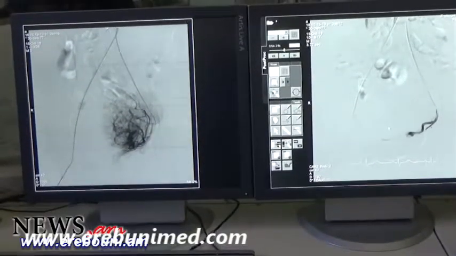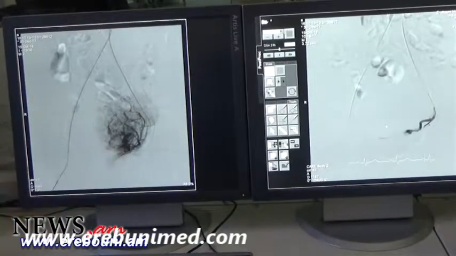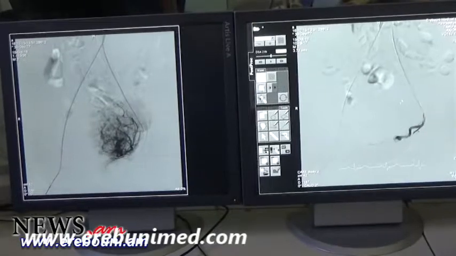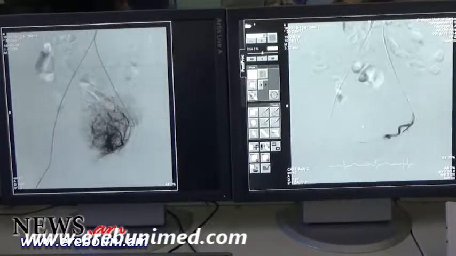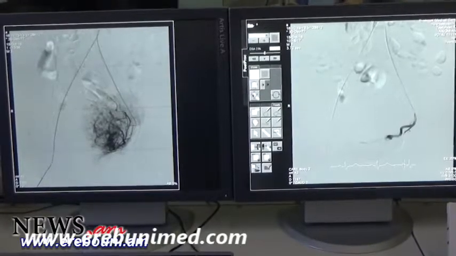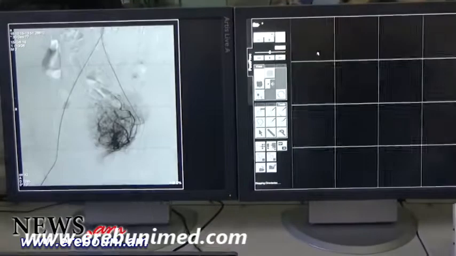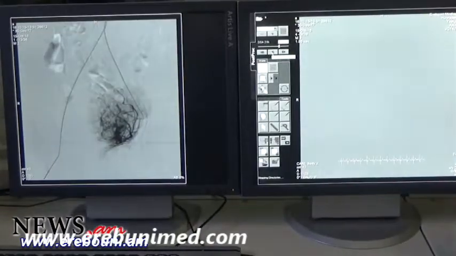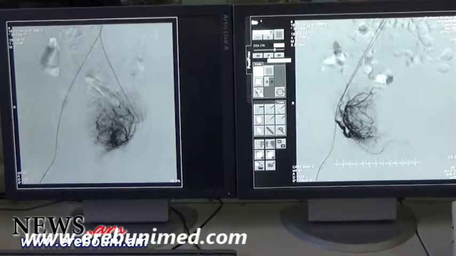In general, all branches of the uterine artery are very well developed. The myomatous nodes receive rather good blood supply. After embolization, it should not be noticeable at all. It should be like this image, which can be evaluated as a successful result of embolization.